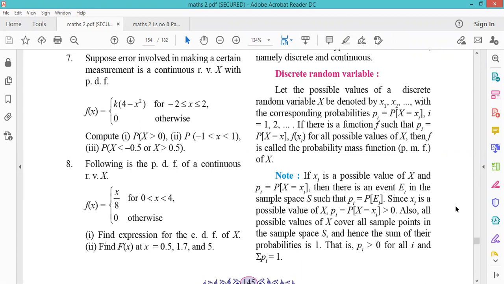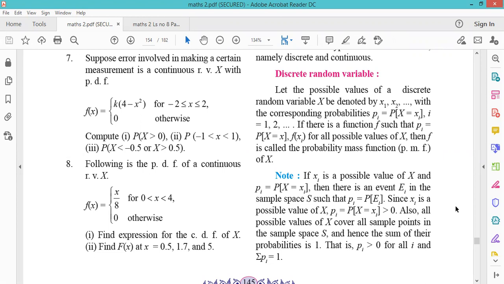So last time we started with probability distribution of Maths 2 section, and we are solving exercise 8.2, the topic related to probability distribution of continuous random variable.